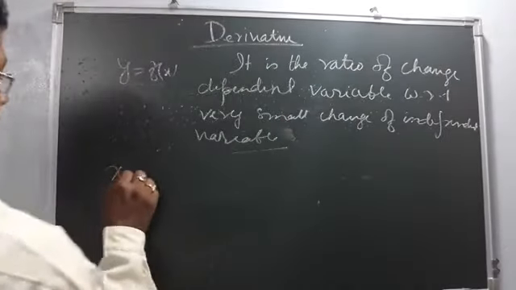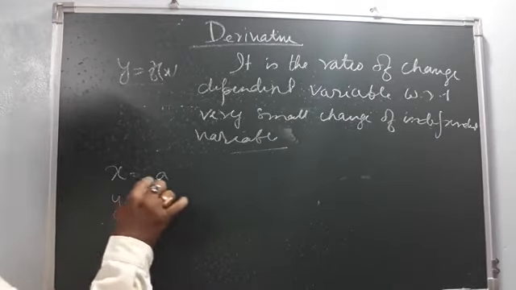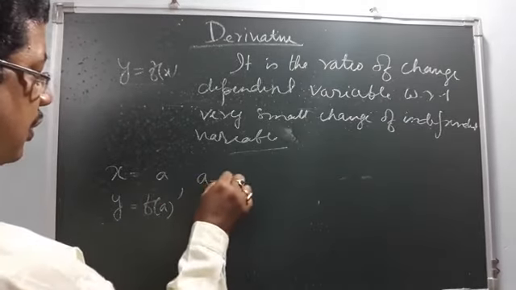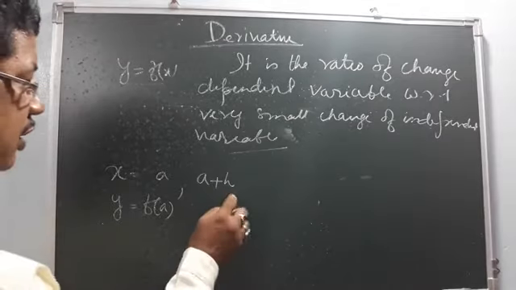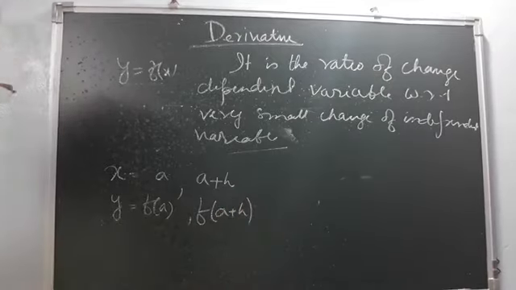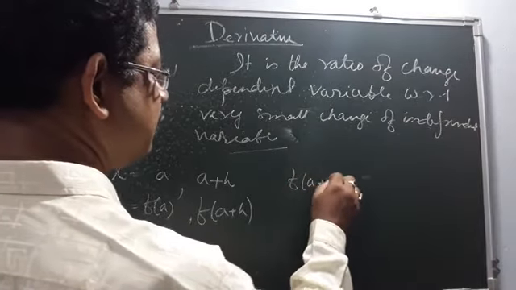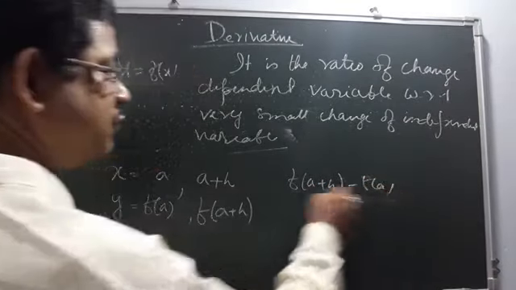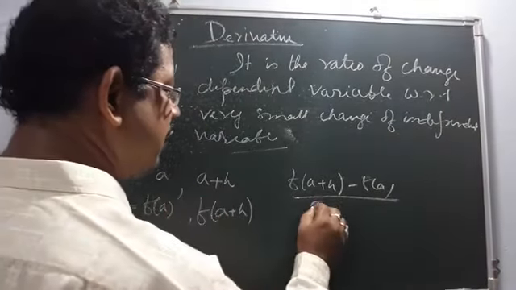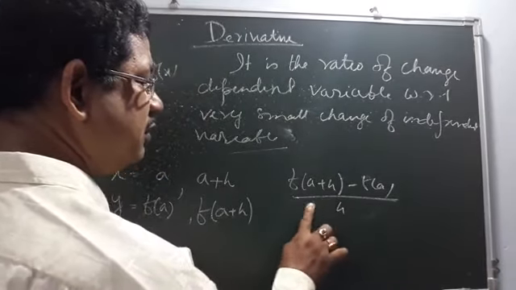Suppose x has value a. Then for this x equal to a, y is f(a). If I increase x to a plus h, a little bit bigger than this one, then f changes too. So change of y is f(a plus h) minus f(a). This is the change of y, divided by change of x, a plus h minus a. These two will cancel and ultimately we will get this.